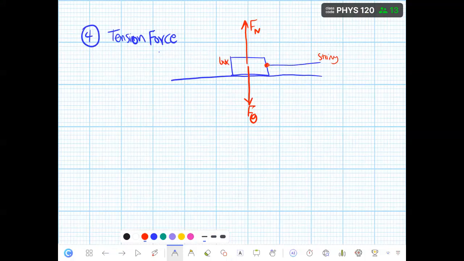You are trying to pull the string, you are exerting force on the string, but the string is exerting force on the box. This force is called tension force, and we call it Ft, or sometimes they show it just T.